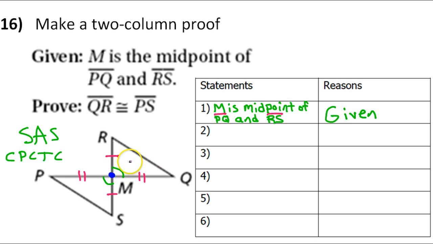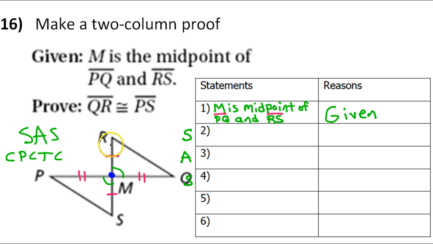Now if my strategy is to prove these two triangles are congruent, and we know this is going to be side, angle, side, then I like to organize my work by stating a pair of sides, a pair of angles, and a pair of sides. The order is not actually important, but it's just an organization. So, pair of sides. I'll do these two first.